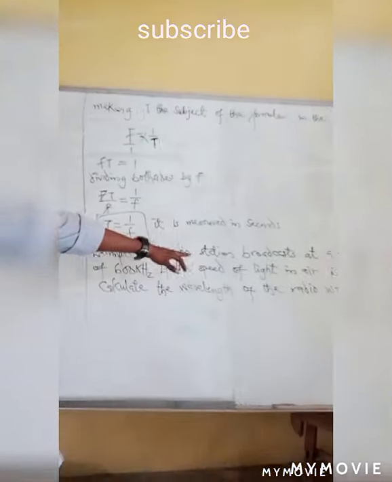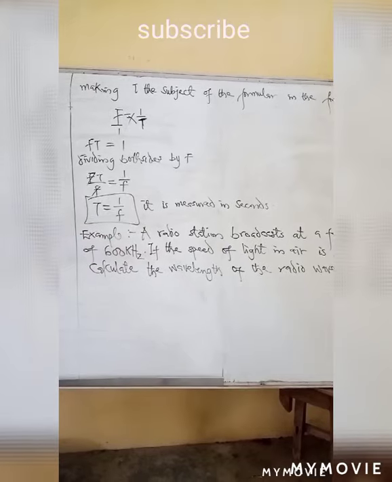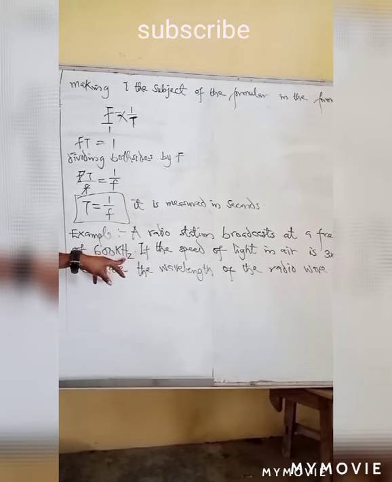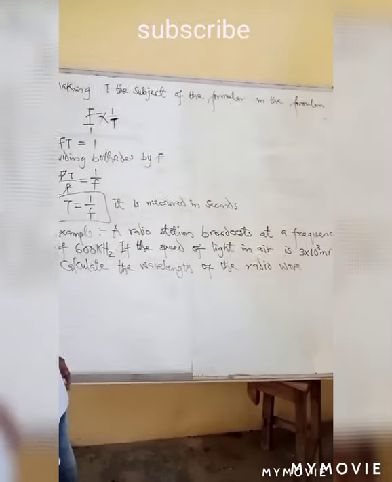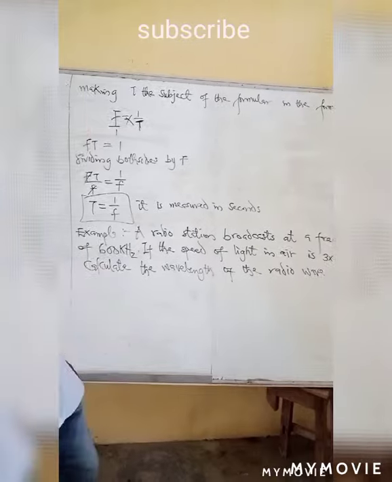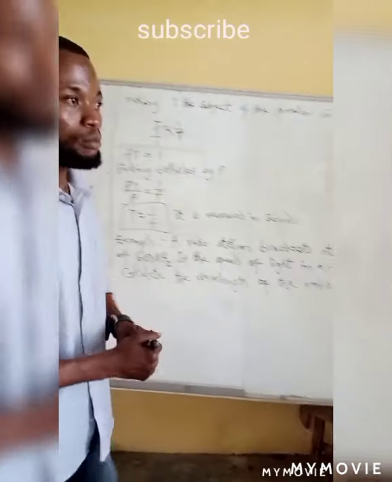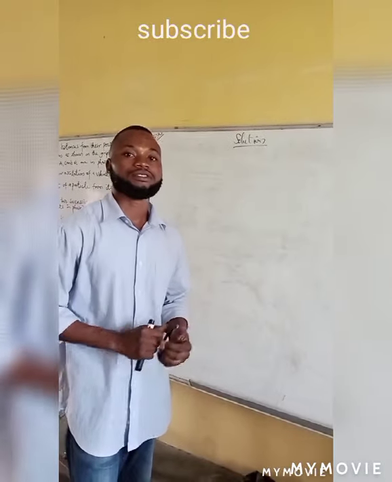The radio station broadcasts at the frequency of 600 kilohertz. If the speed of light is 3 times 10 raised to power 8 meters per second, you have to calculate the wavelength of the radio wave. Before you solve the question, you must first of all understand the question.